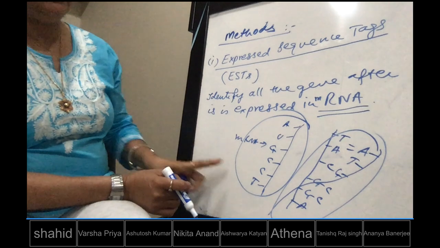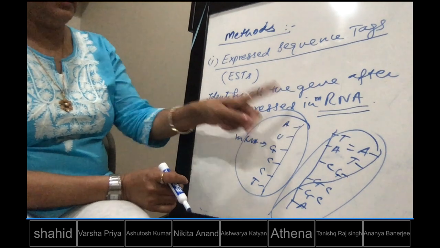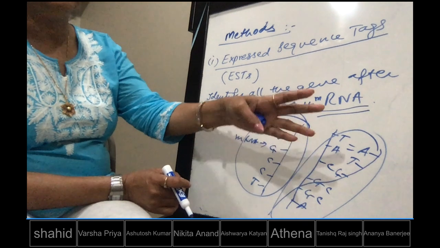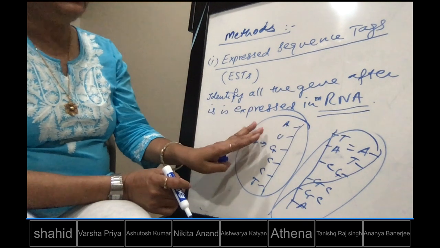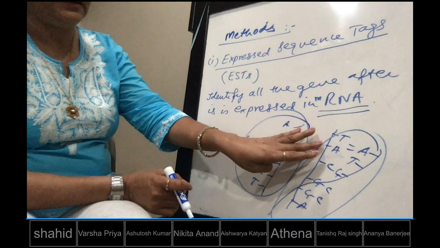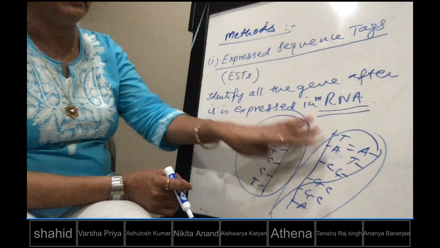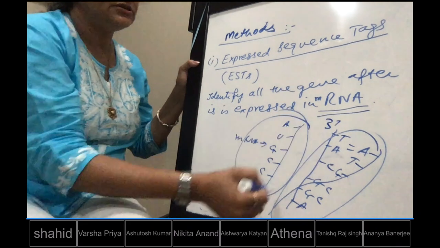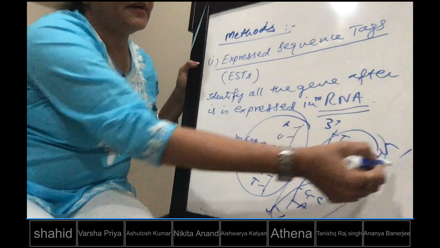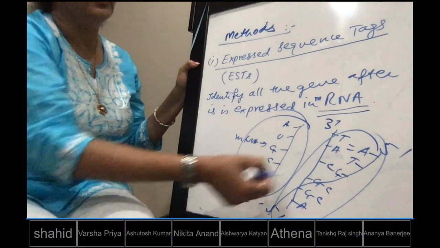So looking at the expressed mRNA, you can identify what the DNA is. Because you have to understand the mRNA is formed by one template strand of DNA, which is 3 dash 5 dash. The other strand will be the 5 dash 3 dash strand of DNA.